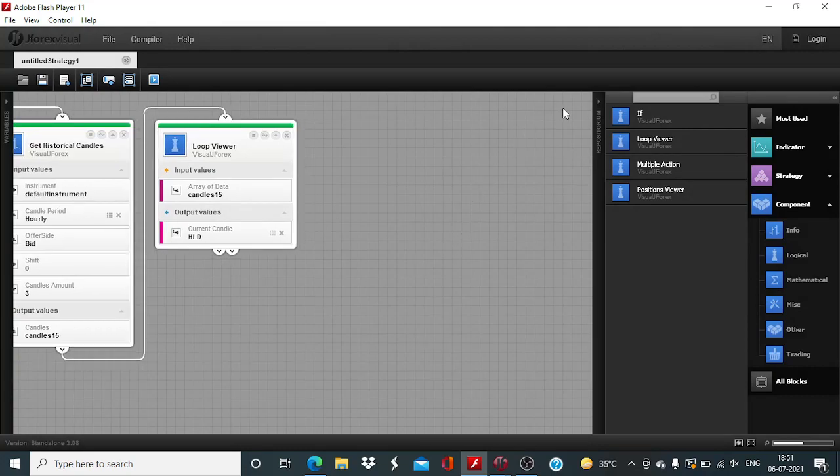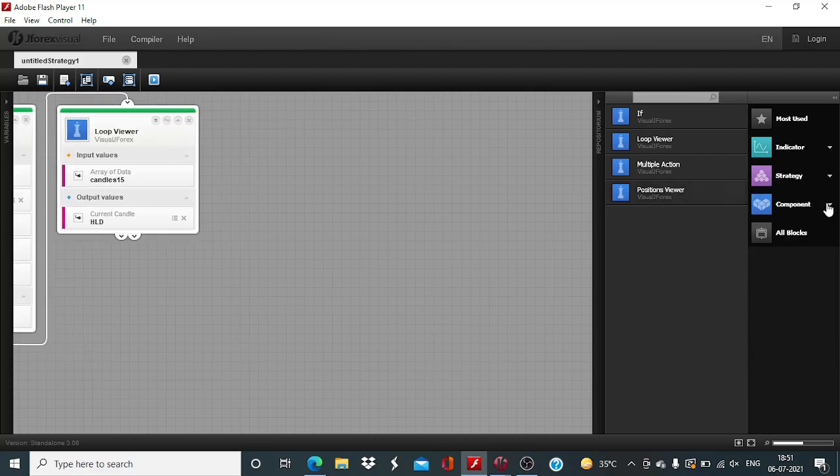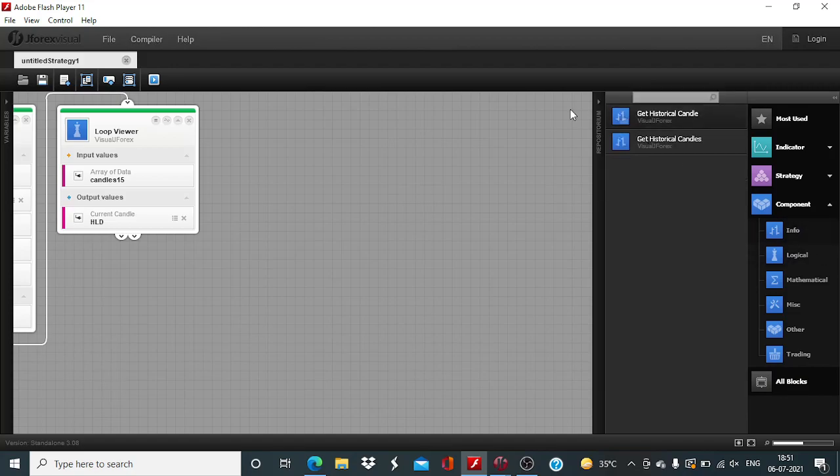After that we are going to need to add 2 more hourly get historical candle. So again going back to info component.